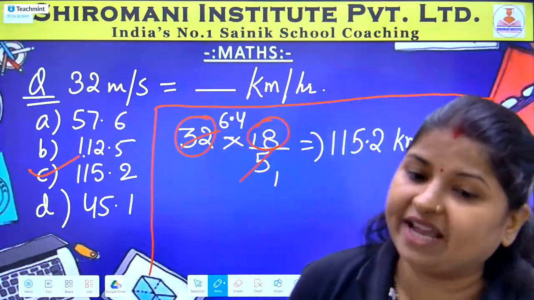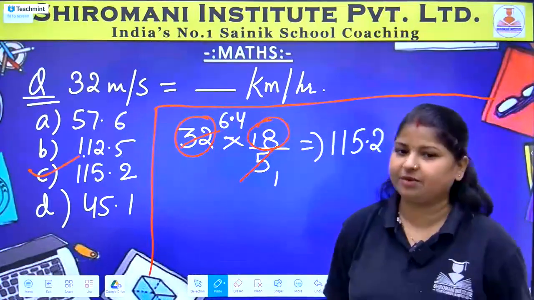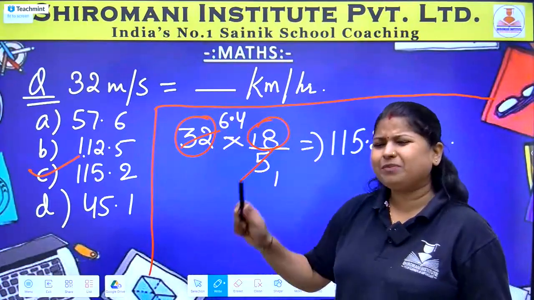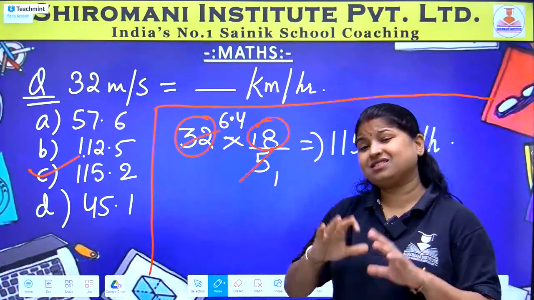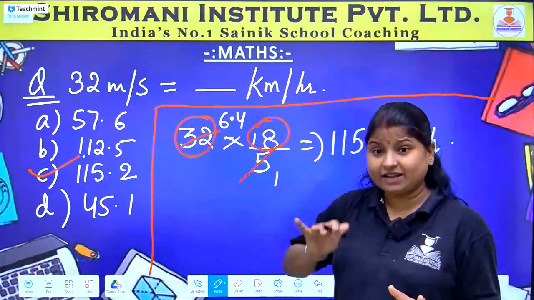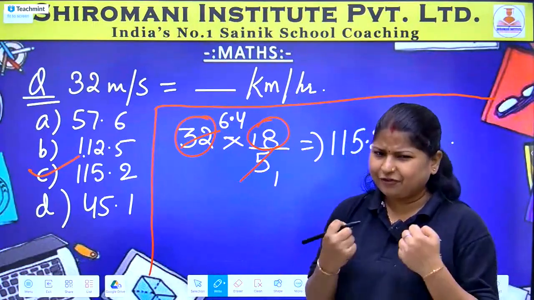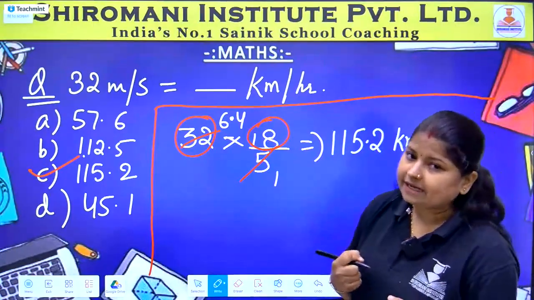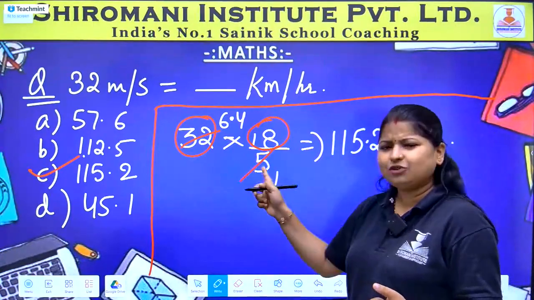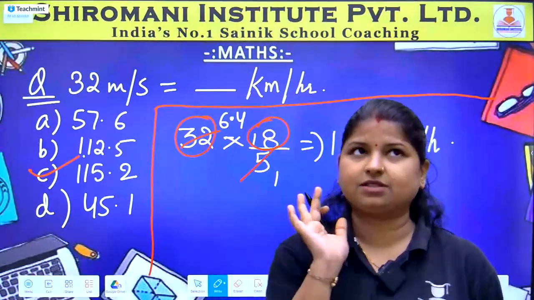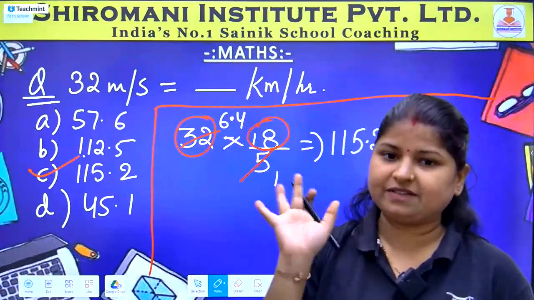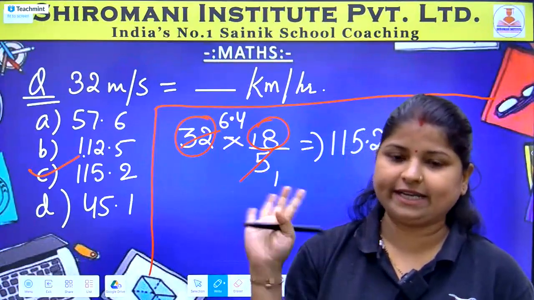32 divided by 5 is not completely divisible, I know. But multiplying 32 into 18 gives such a large number, and then dividing it by 5, I feel, is a bit difficult. But 32 divided by 5 is very easy, because 5 sixes are 30, 2 is left, and 20 has 4.